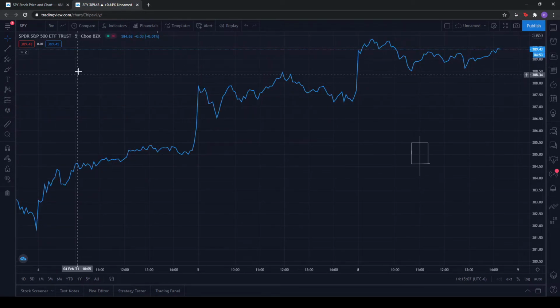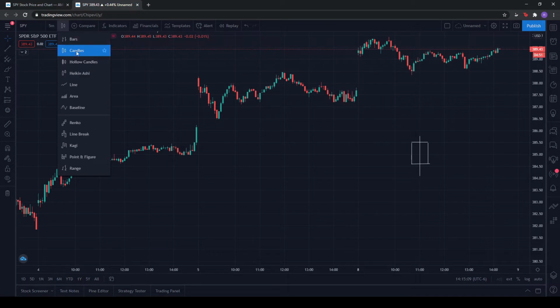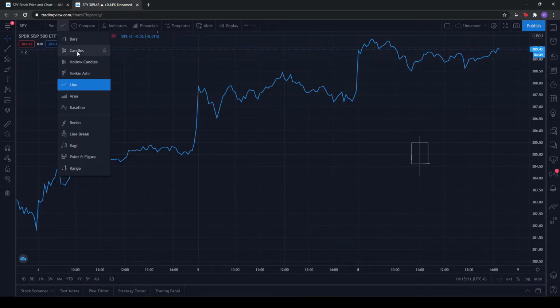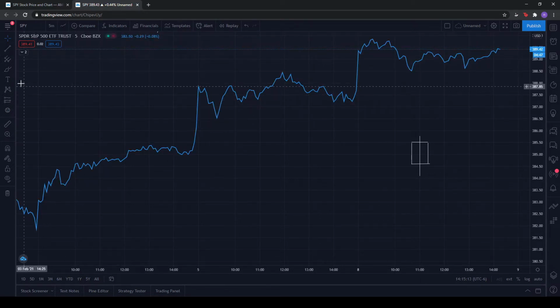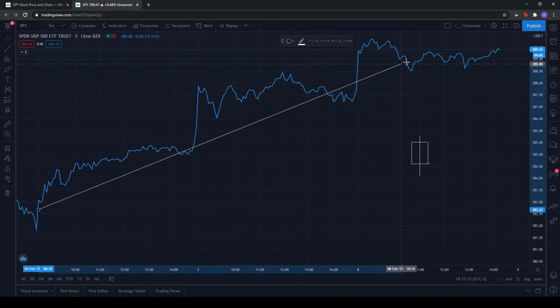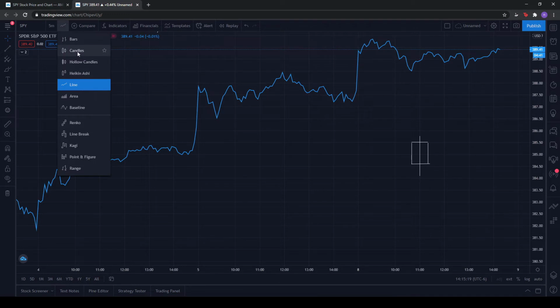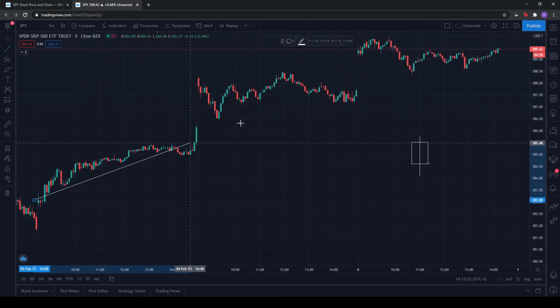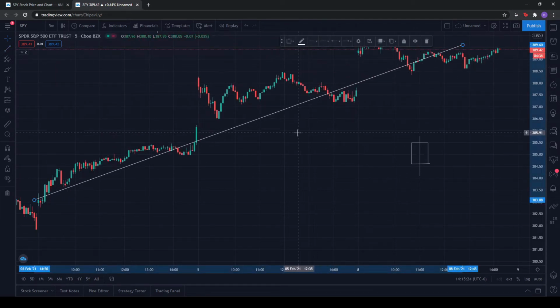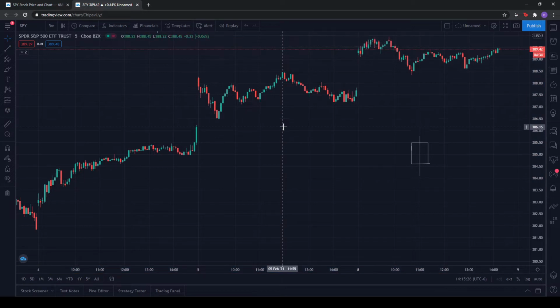If I flip back and forth from the line chart to the candle chart, hopefully you can see that just like this line chart with that overall trend, I come over to the candle chart and I can still see that. It's still right there, so it's really not that much different.